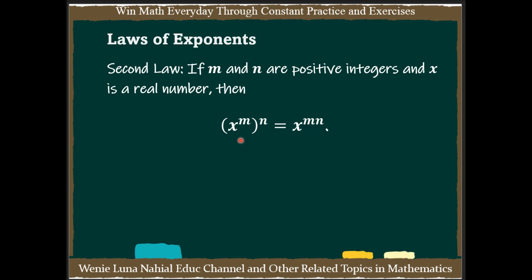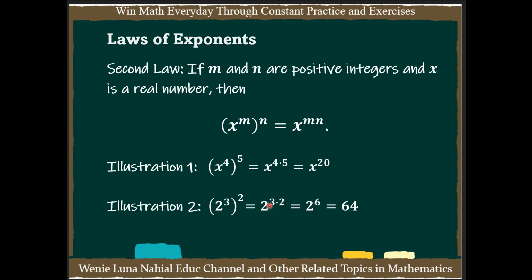Meaning to say, if a power is raised to another power, all you have to do is multiply the powers. Now let's have the illustration. Here, x raised to 4 is raised to 5. So you have x raised to 4 times 5, or x raised to 20.